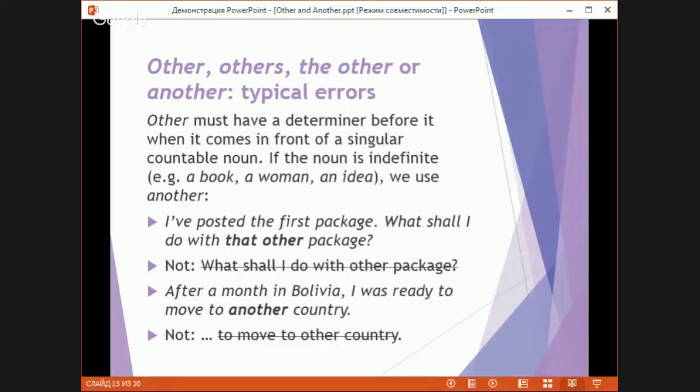I have posted this first package. What shall I do with that other package? We say here determiner, that other package. We cannot use it without that. After months in Bolivia, I was ready to move to another country. That means any other country. We use the article an, meaning it doesn't matter what country I was ready to move to.